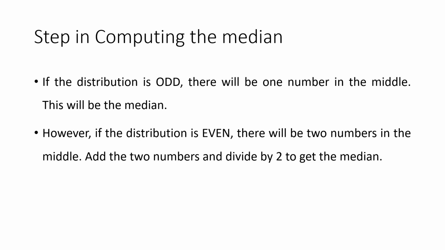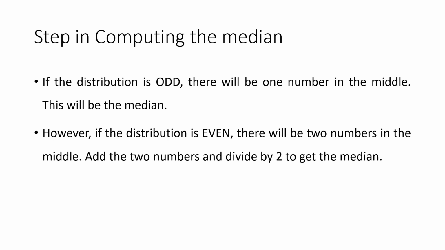I'll give a small instance here. If you are given a distribution of 5 scores, after arranging them, without looking at the data yet, you should be able to tell me which position will be in the middle. You agree with me that it will be the third one. Similarly, if you are given a distribution of 7, which is also odd, the position in the middle will be the fourth.